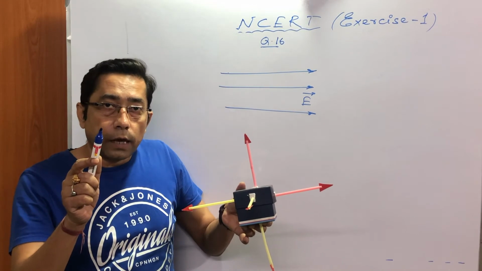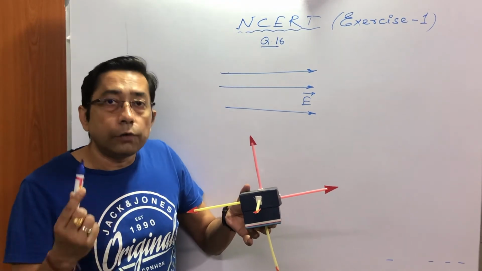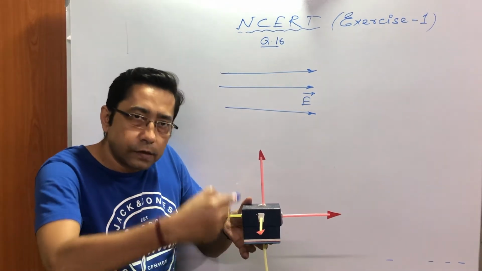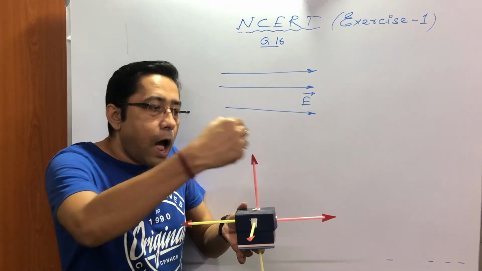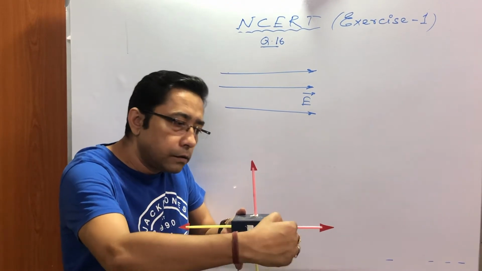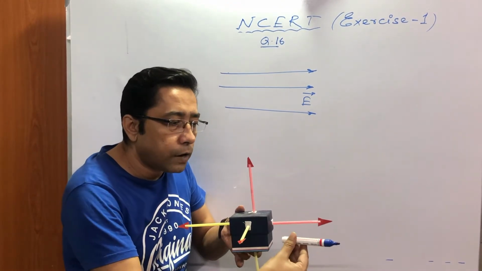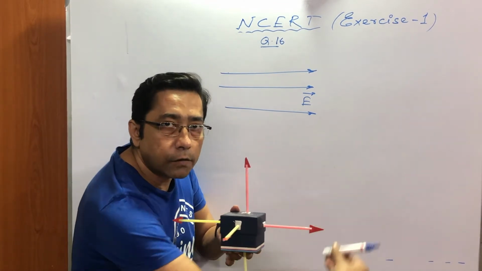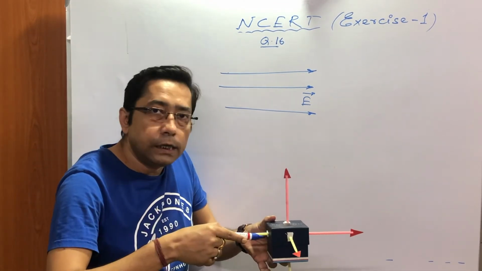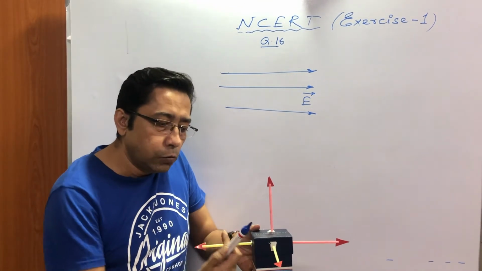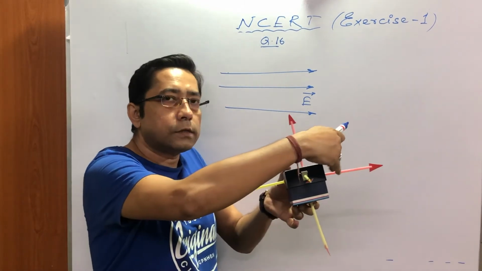But if the electric field is not uniform, that means the electric field at the place of this surface is E1, and the electric field at the position of this surface is E2. So here outgoing flux would be E2 into S, where S means the area of this surface, and here incoming flux would be E1 into S. So E1S and E2S.